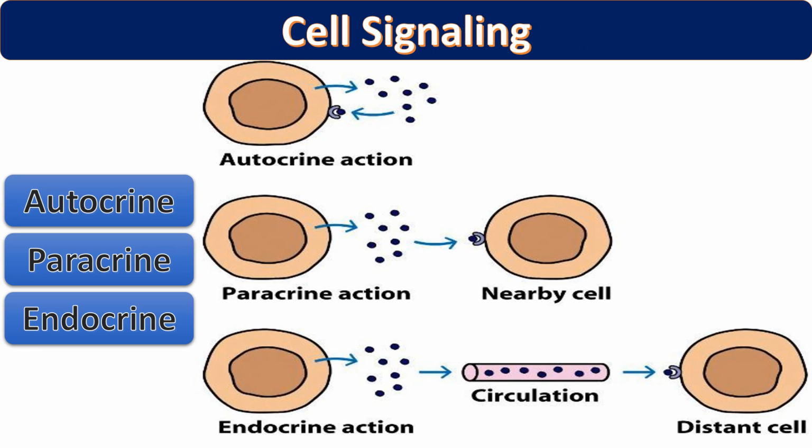Autocrine is when a cell releases a secretory product which ultimately works on the same cell. The effector molecules work directly on the same tissue. That is called the autocrine mode of action.